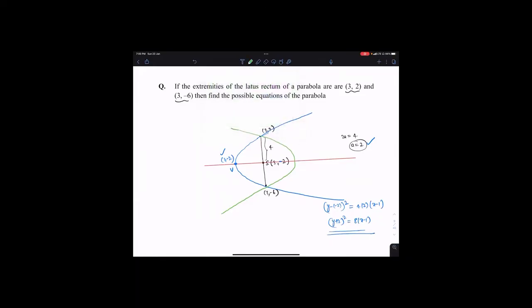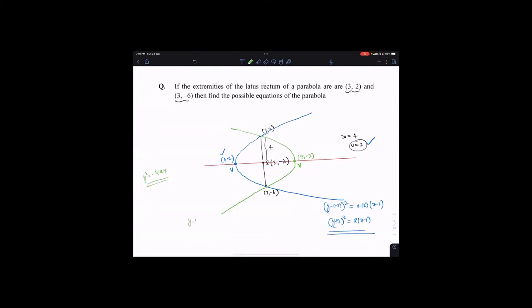And if you talk about the green one, then from the focus, if you go right side by a units, what is a? 2. By 2 units, you go to (5, -2), that will be the vertex of the green parabola. It is opening left side. So the equation will be of the form y square equals -4ax type. Okay. But you know the vertex, it is (5, -2).